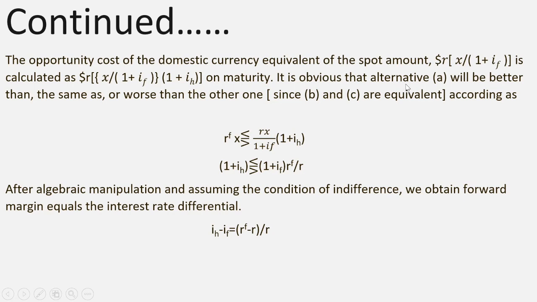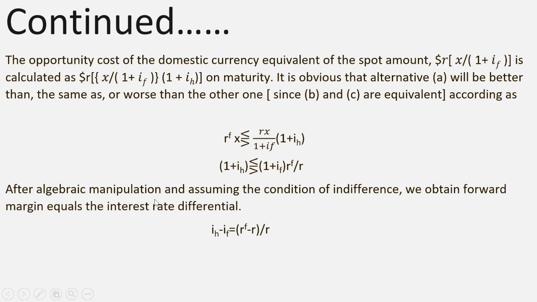It is obvious that alternative A will be better than, the same as, or worse than the other one, since B and C are equivalent, according as RFX is greater than, less than, or equal to RX divided by 1 plus IF into 1 plus IH. Or we can rewrite it as 1 plus IH, 1 plus IF into RF divided by R.